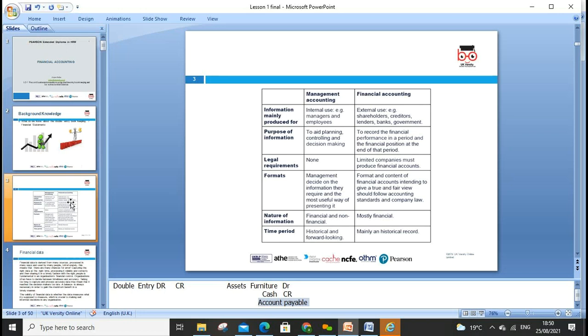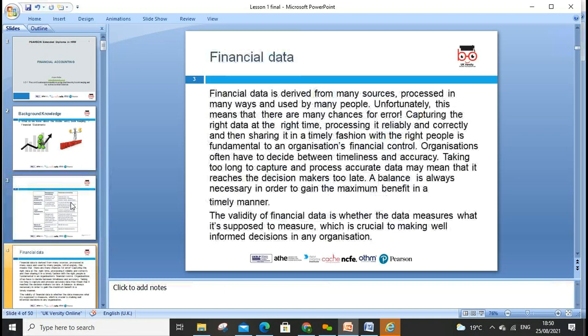The four types of statement are compulsory, so we have to prepare those statements, and they are crucial. The nature of information in financial accounting is more financial, while management accounting is both financial and non-financial. As for time period, management accounting uses historical figures, but financial accounting we have to prepare every year.